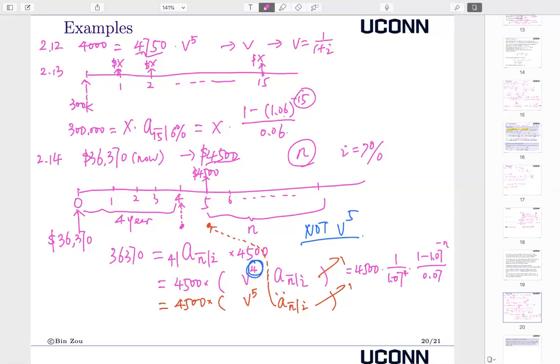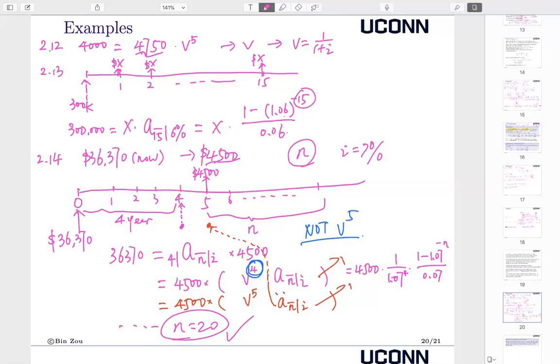So you can take all the constants to the other side, and then it becomes 1 minus 1.07 to negative n. Move it around, and then take logarithm. Okay, so you should be able to get the result. n is 20. Okay, please check. Make sure you know how to calculate this. This is somehow more elementary.